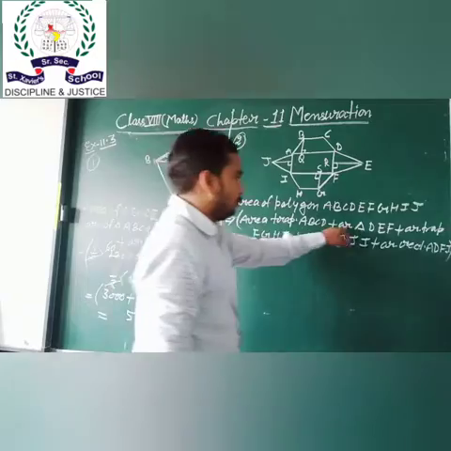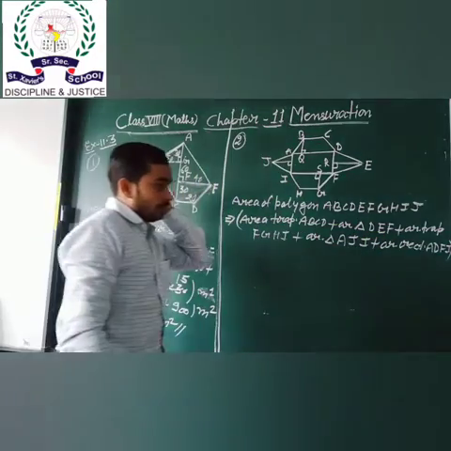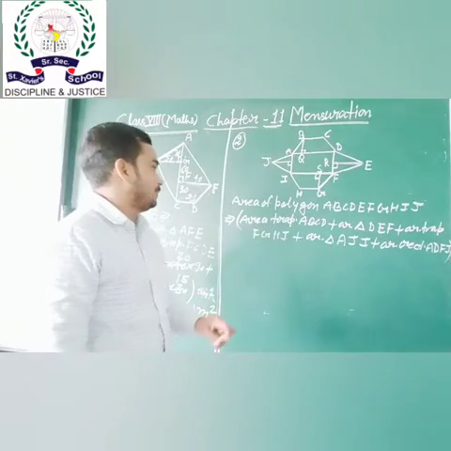So 1, 2, 3, 4, 5. When we add the area of all the 5 parts, we get the area of this polygon.